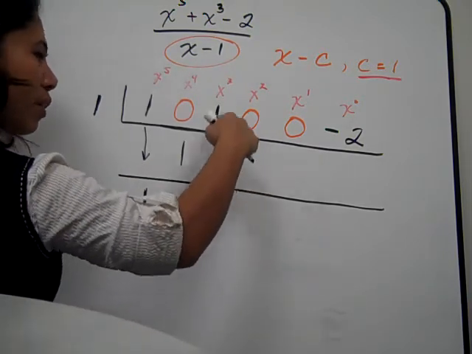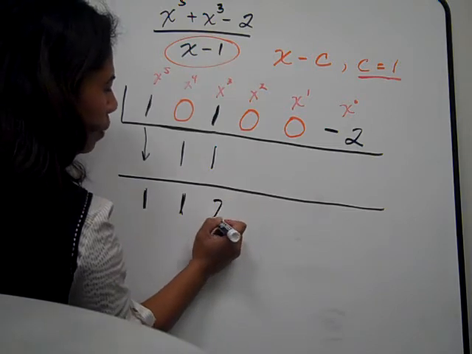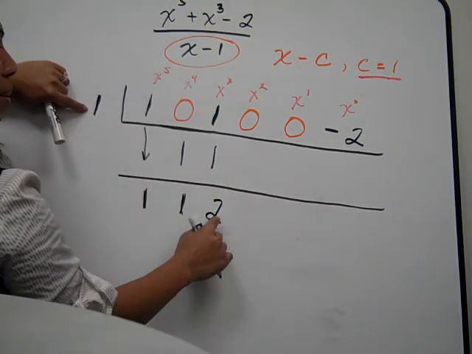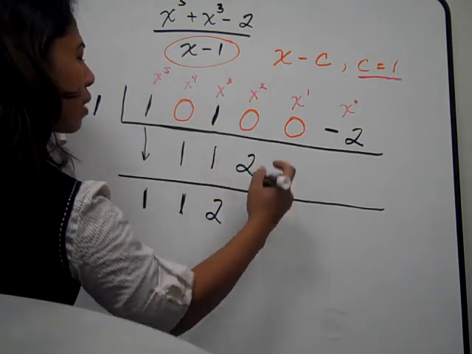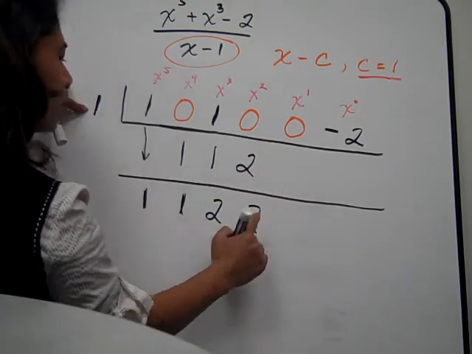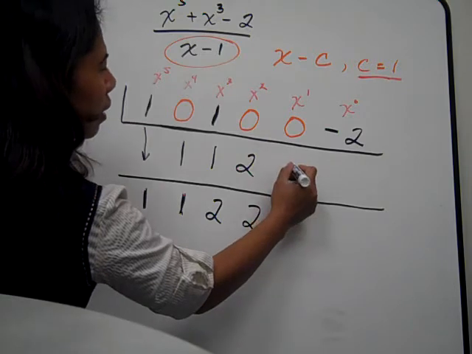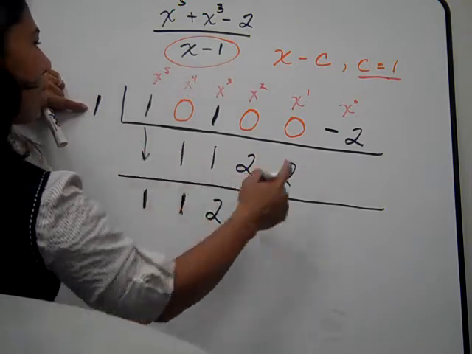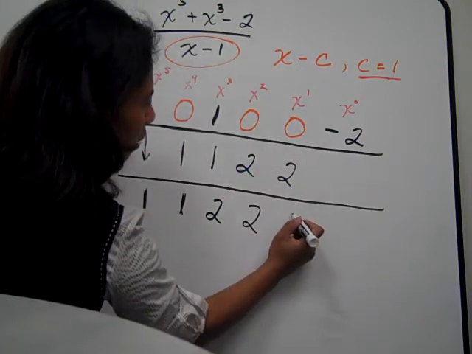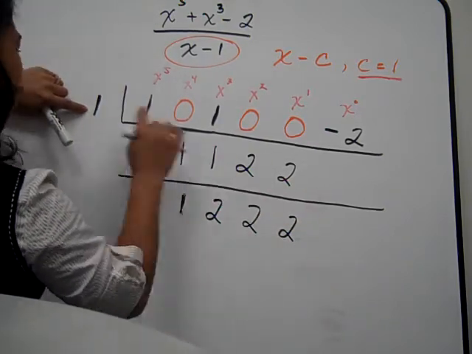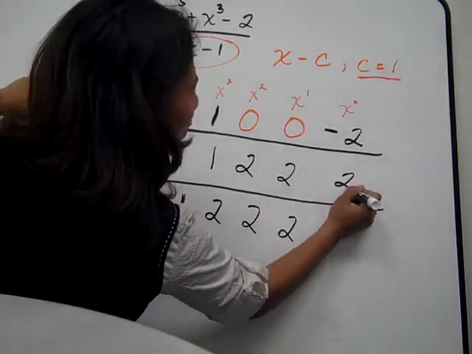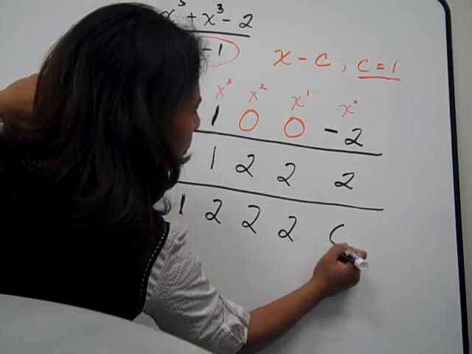You add these two together, so it becomes 2. Continue. 1 times 2 is 2. You add these two together, it becomes 2. 2 times 1 is 2. You add these together, it becomes 2. Continue. 2 times 1 is 2. You add that together, it becomes 0, right?